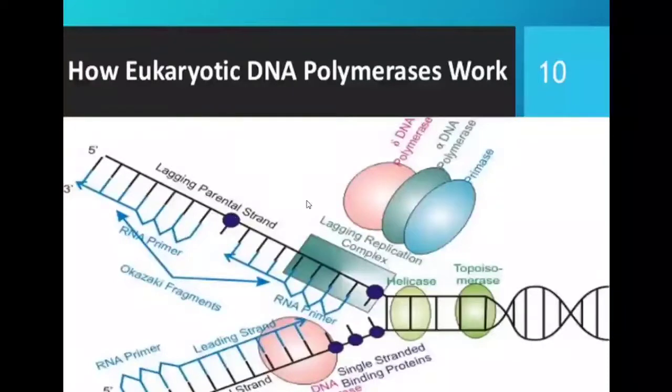at the last you can see the similarity of both prokaryotic and eukaryotic DNA polymerases and their work over here. So this is double helical structure.